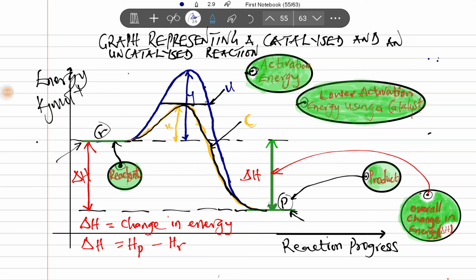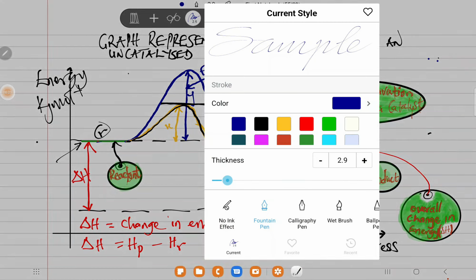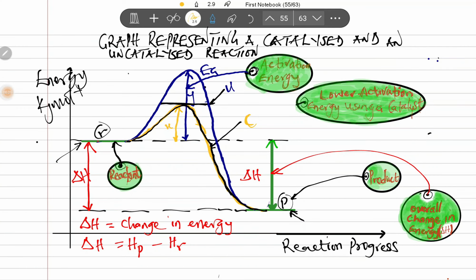So the activation energy for the uncatalyzed reaction is expressed here as labeled and is called EA, activation energy of the uncatalyzed reaction. Then the activation energy for the catalyzed reaction can also be labeled here as EA prime.